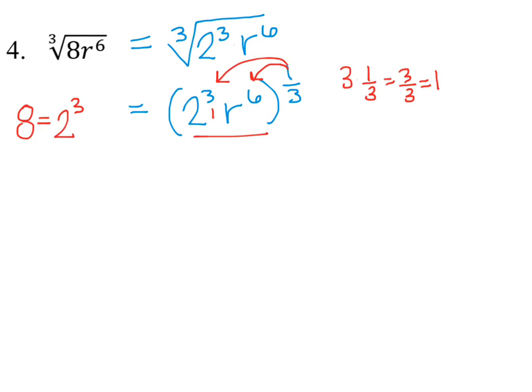So my exponent that I have on the 2 is now just a 1. When I multiply the exponents for the r, 6 times 1 over 3 is 6 over 3, which is equal to 2. So my answer for number 4 is 2r squared.